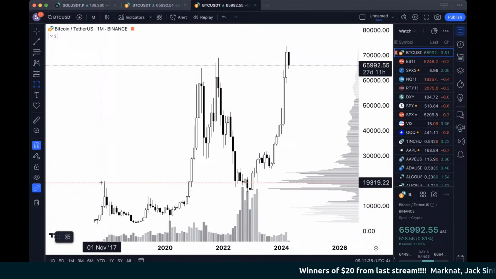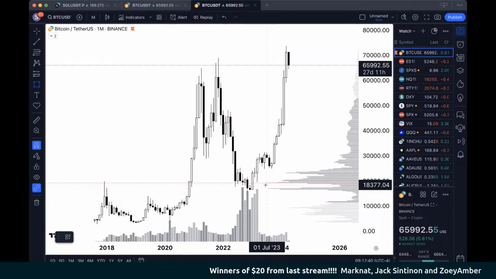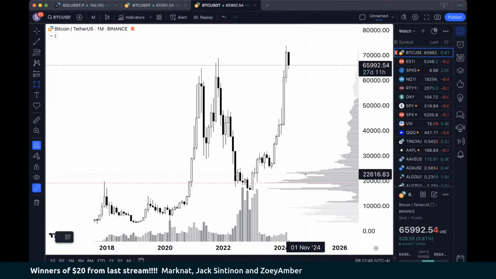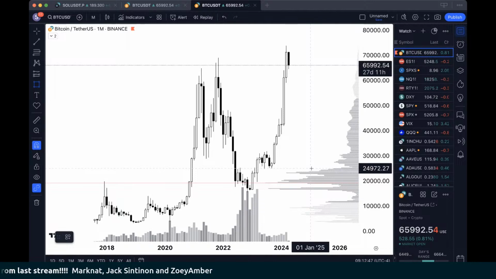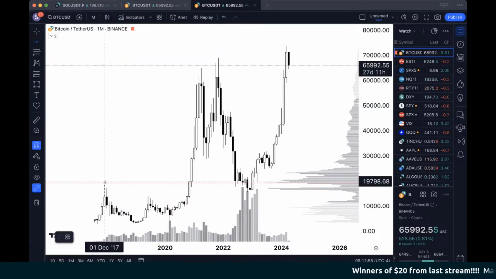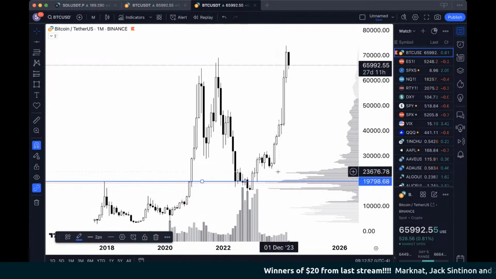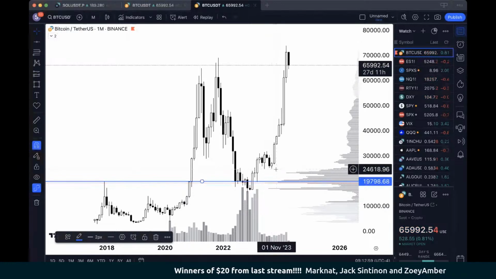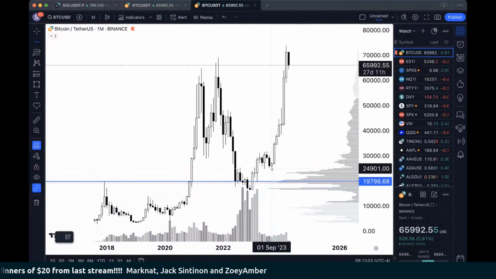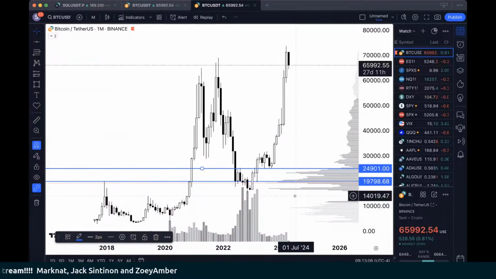But at the end of the day, we can see that this 20K area is massively important, and this 25K area is massively important. So right off the bat, I've got my magnet turned on and I'm going to mark these levels down here because they're big.